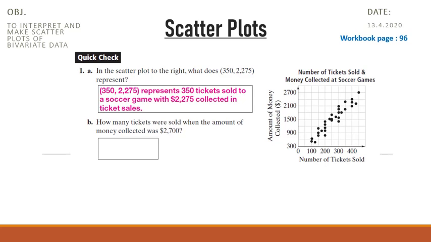So this point here, it's in the money vertically 2700. What's the value on the horizontal line, the x-axis? No, in the y-axis is the money. On the x-axis it is 450. Great. So the number of tickets is 450. Okay. Thank you, Muhammad. Great work.